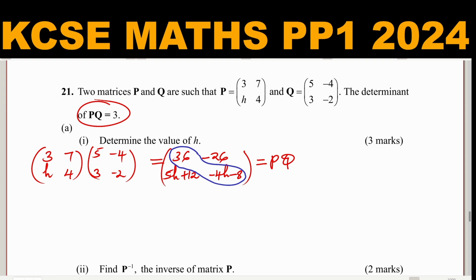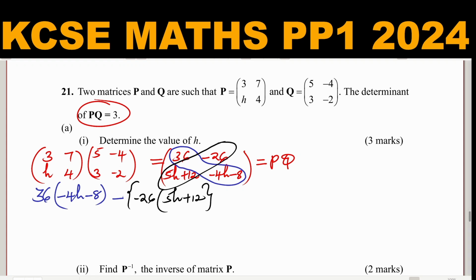So the determinant is 36 multiplied by (-4H subtract 8), then subtract the product of the other diagonal, that is negative 26 multiplied by (5H plus 12), and this will give 3. That is how we get the determinant.